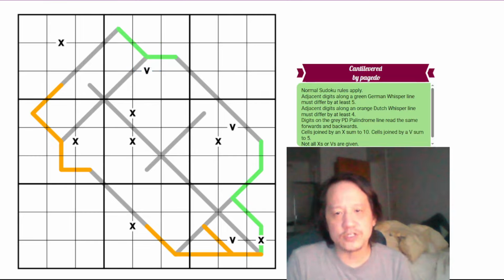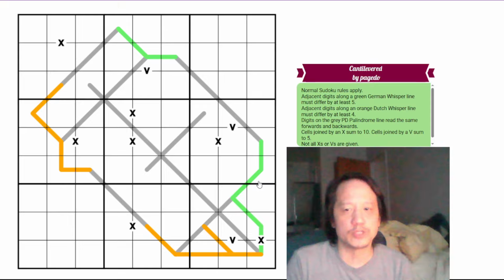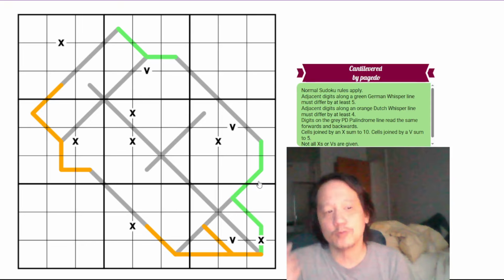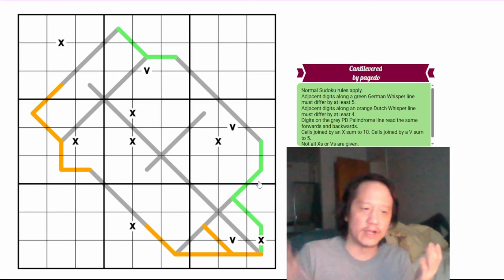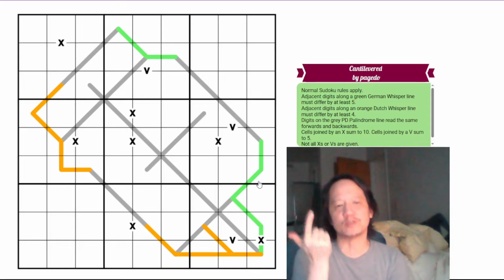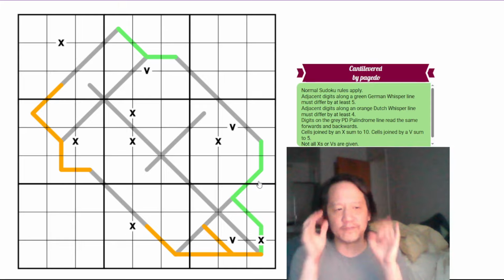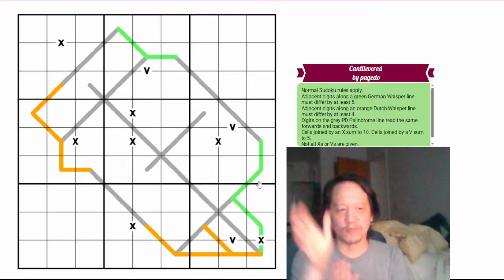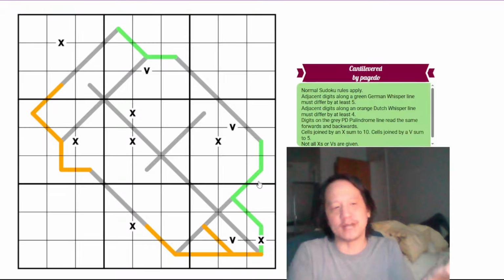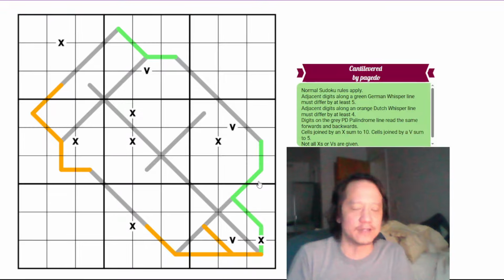Adjacent digits along an orange Dutch whisper line must differ by at least 4, or as I like to call them, whisper 4 lines. The reason why I like to call them whisper 5 and whisper 4 is it makes it very clear what type of whisper line it is, and you can extend it without having to come up with other nationalities for these lines, right?